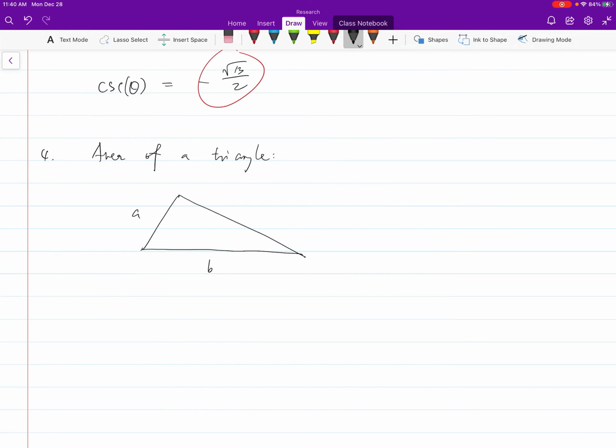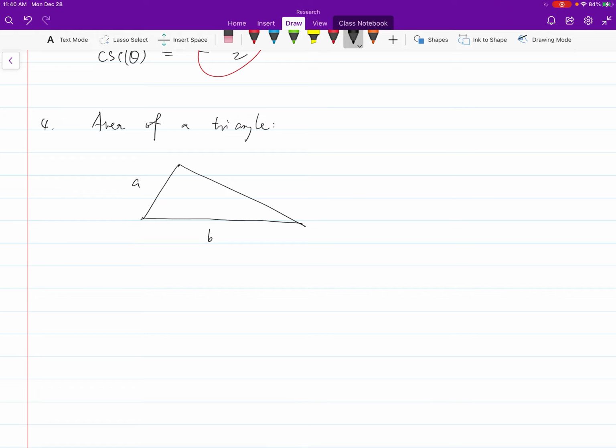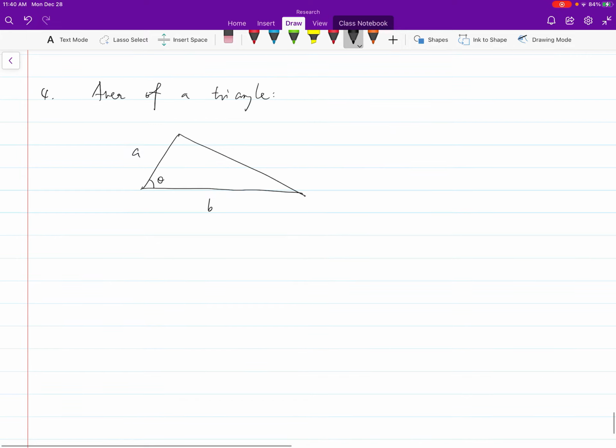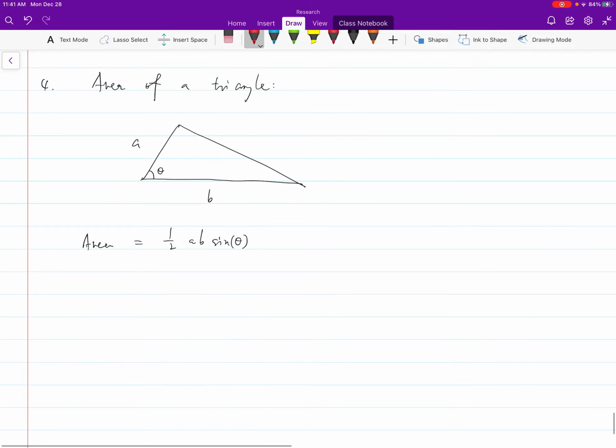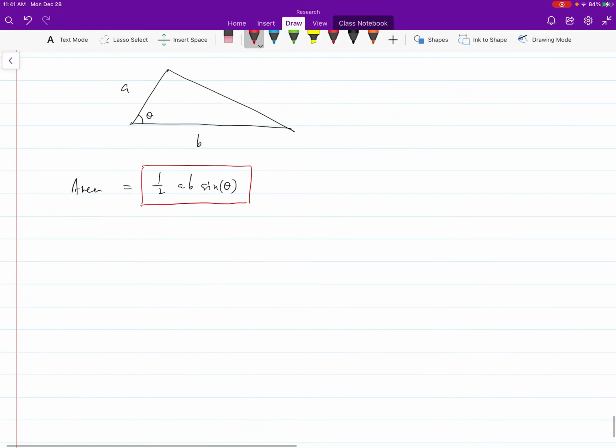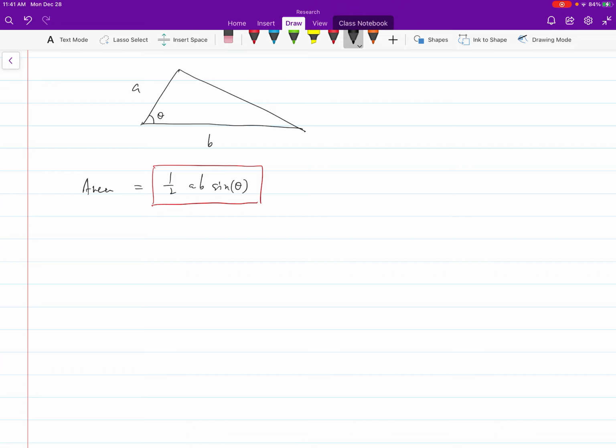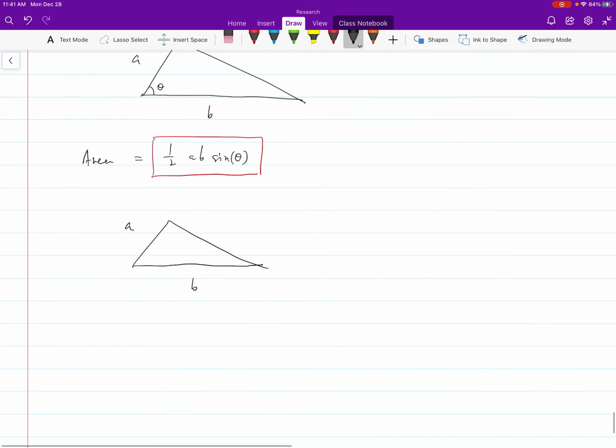For any triangle, and you are looking for the area, suppose you already know two sides and the angle between them. Then the area can be calculated using this formula. You could memorize this, or you can simply draw a triangle every time and derive the formula by yourself, which is quite simple, by the way.